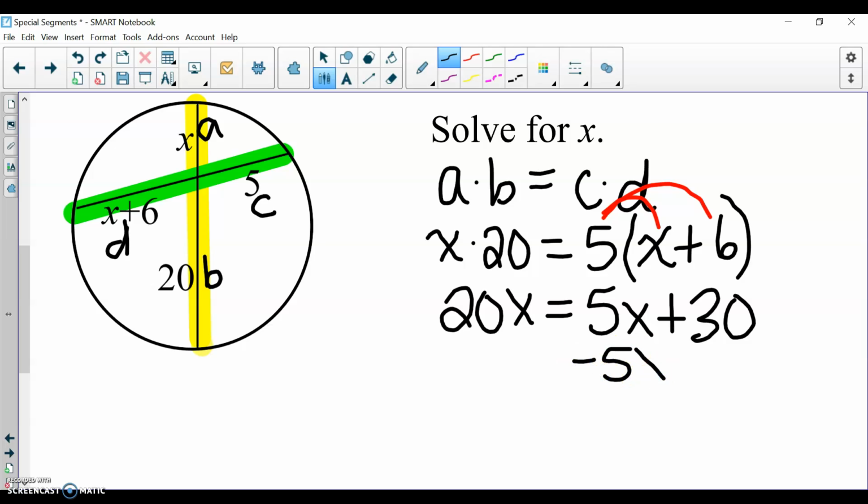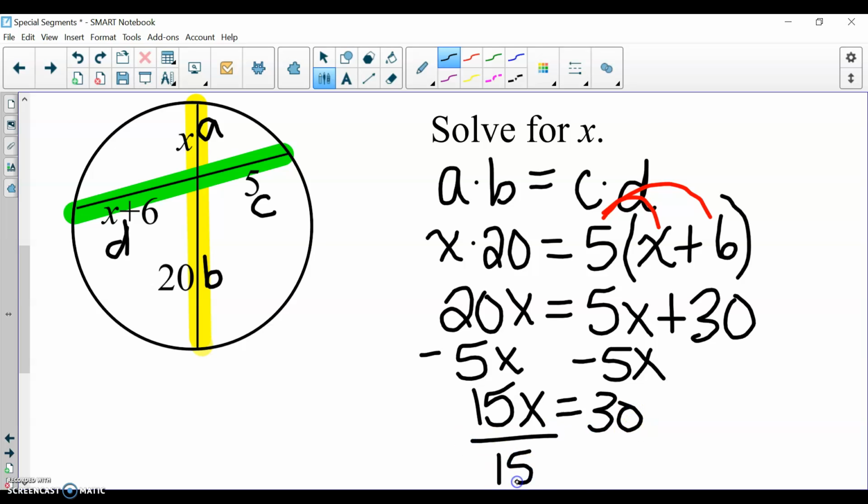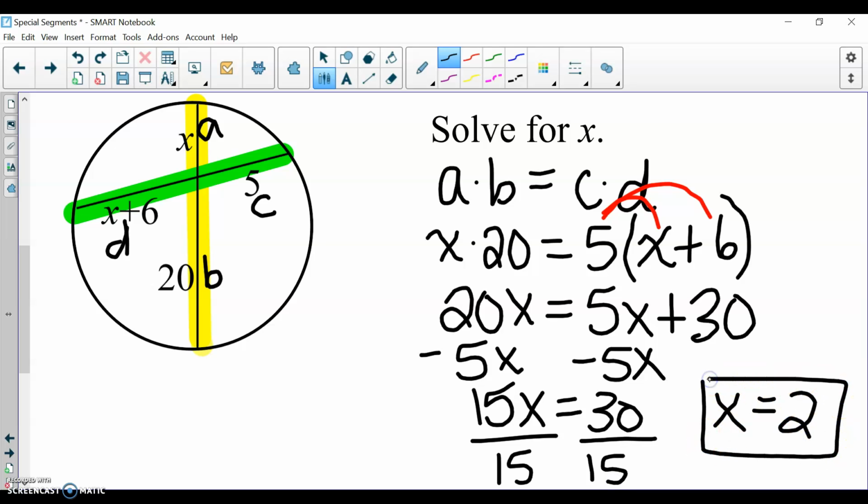Solving for x, let's go ahead and get all of our x terms to the same side of the equation. 15, we get x is equal to 2. So that's the chord-chord relationship.